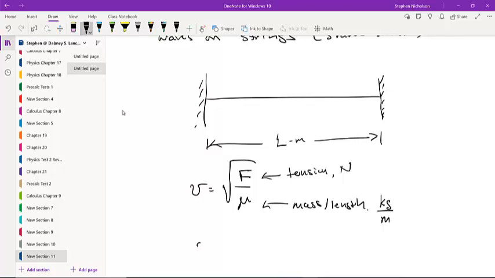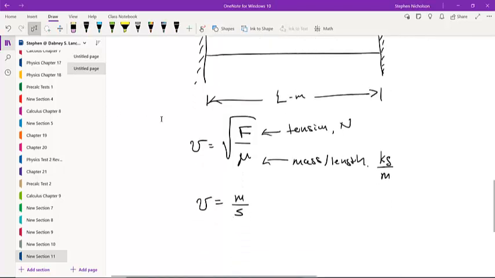And the units for velocity are meters per second. So that's your wave speed. Now for any waves, you've got the relationship between wave speed, wavelength, and frequency. So if you want a string to vibrate at a certain frequency, you need to have the length sufficient and you need to have the tension set so the wave speed works out.